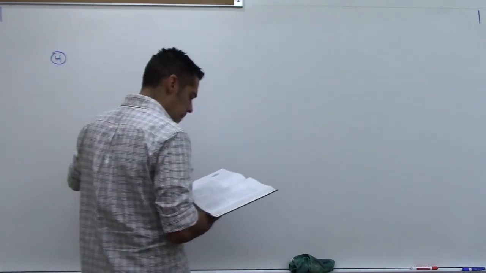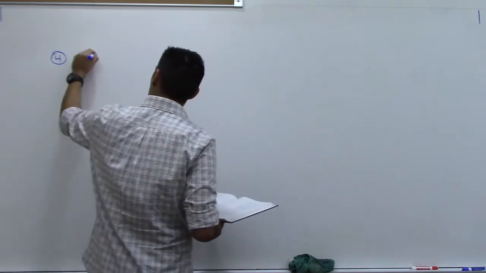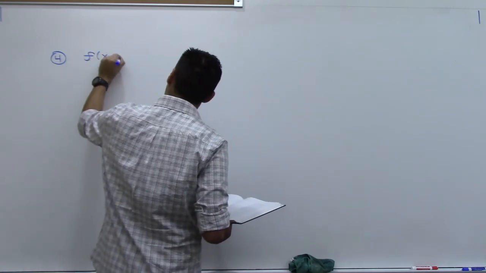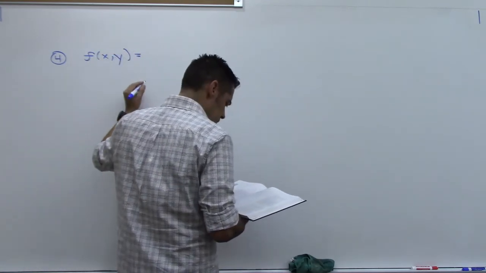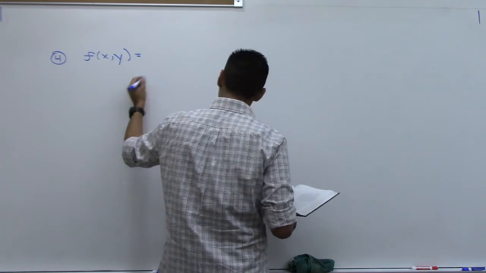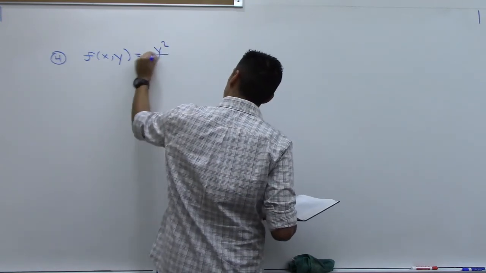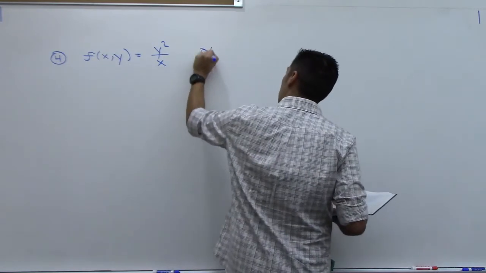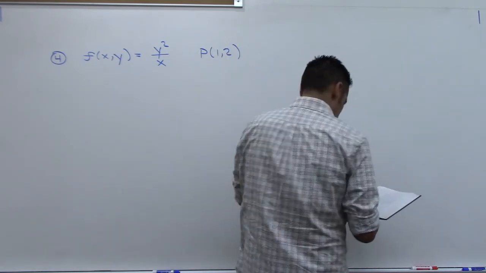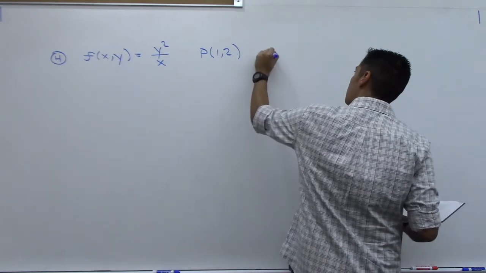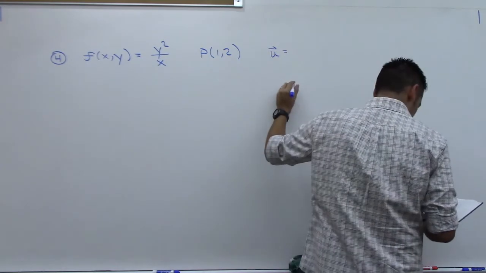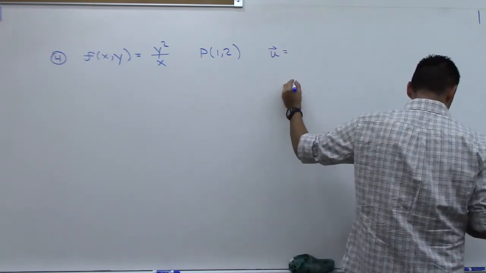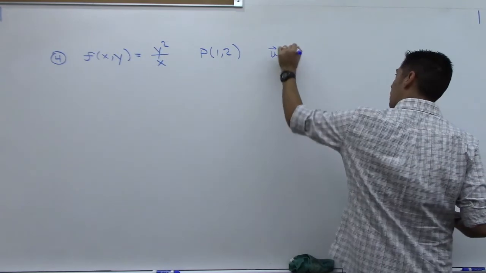Number 4, they give you a function of 2 variables, f of x, y equals y squared over x. They give you a point, 1, 2. They give you a vector u, which is, this is weird looking, I'm going to convert it.